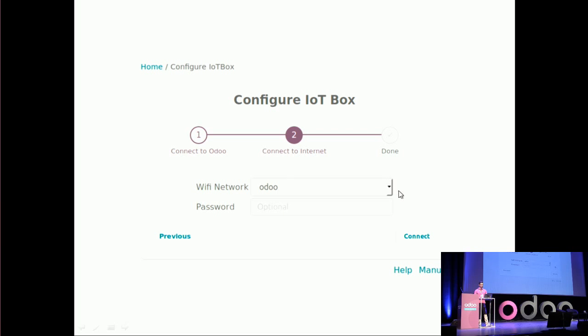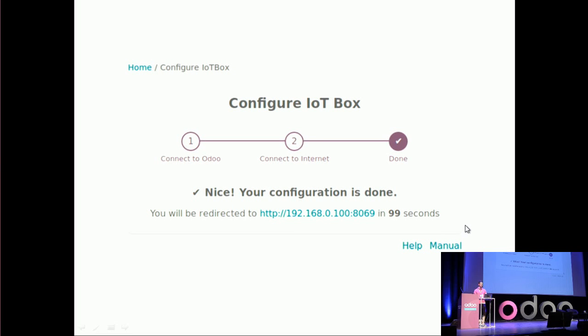From there, you have the possibility to select the network that you want to use. Of course, if this Wi-Fi network requires a password, you have the possibility to enter it here. And then you can click on Connect. After 100 seconds, you will be automatically redirected to your Odoo instance.